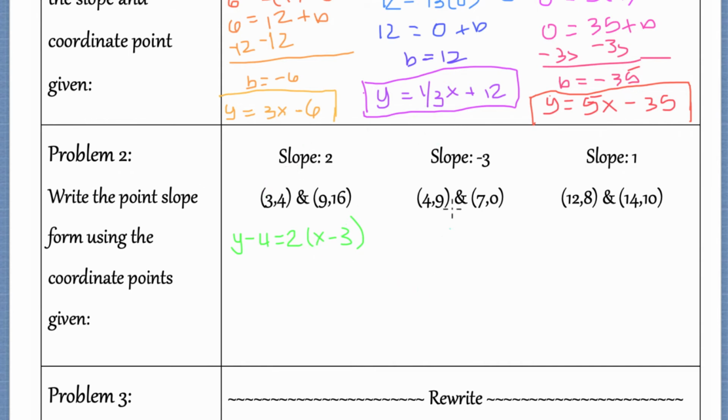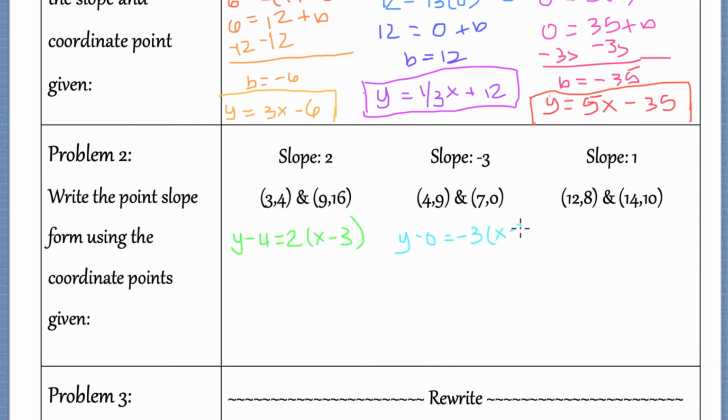So for our next one, we can do it the same way. And so we're going to choose which point we'll use, and I can use 7, 0, this one. So we have y minus y1, which y1 is actually 0. So y minus 0 is equal to m, which is negative 3, times x minus x1, and x1 is 7.